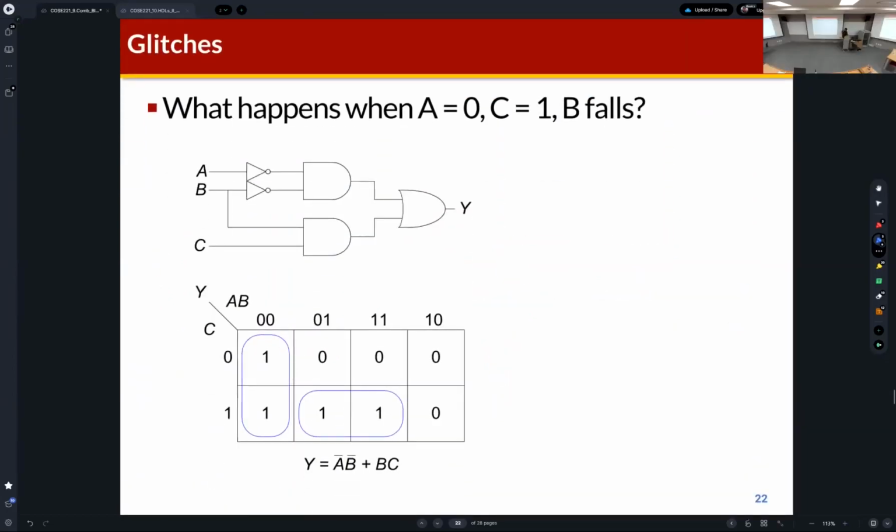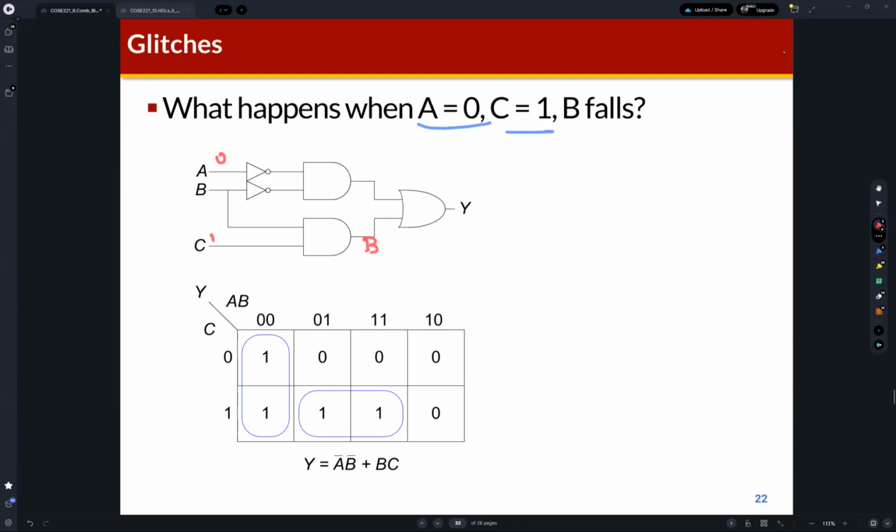Then let's see an example of glitches. This is the circuit. So what will happen when A is 0 and C is 1 and B falls? A is 0 and C is 1. So this is B, right? Because C is 1 and this is the AND gate.